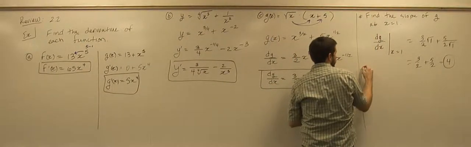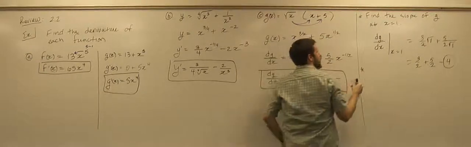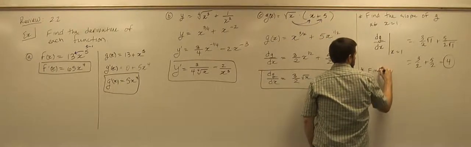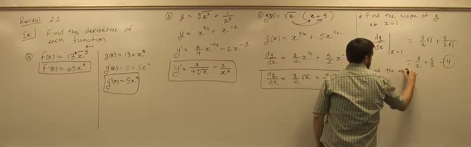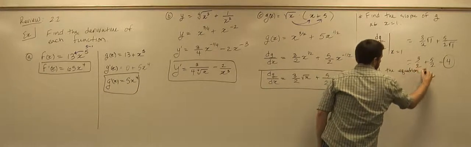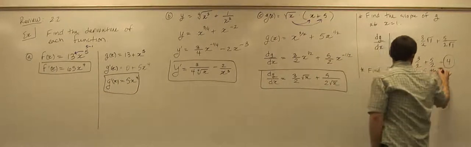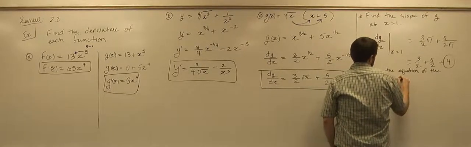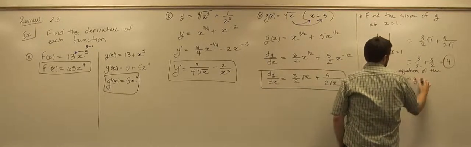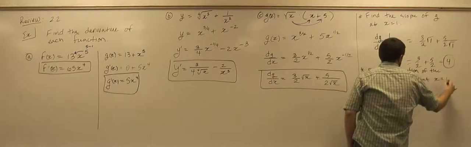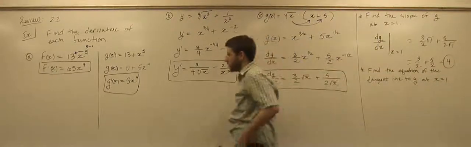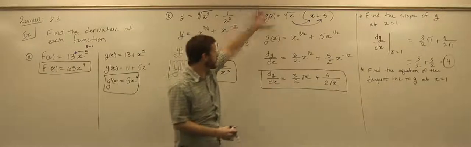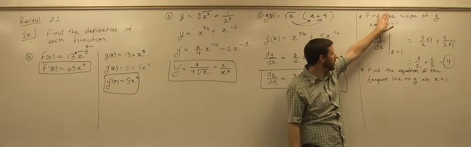And then what if, just because this is where my brain goes, it said find the equation of the tangent line to g at x equals 1. Oh, we need a point. So I asked you for the derivative in this part, then I asked you for the slope here at x equals 1.